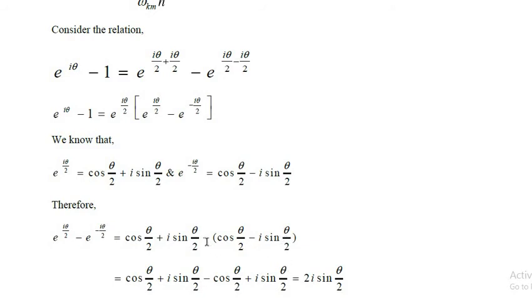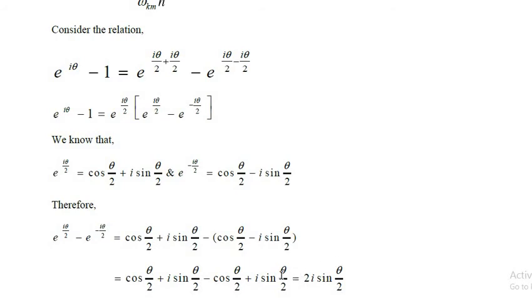Now multiply this minus inside the brackets. So you will get minus cos theta by 2, and this minus into minus becomes plus i sin theta by 2. And here this cos theta by 2 minus cos theta by 2 will become 0. So you will have 2i sin theta by 2.